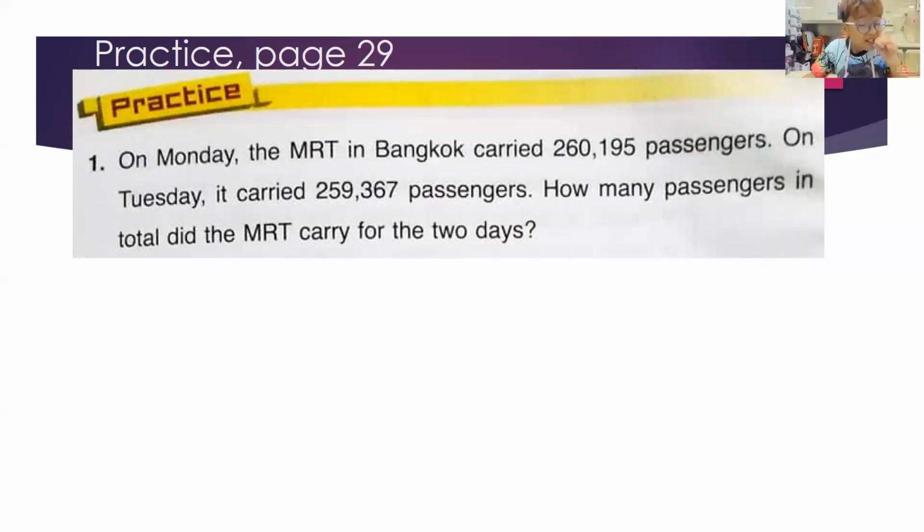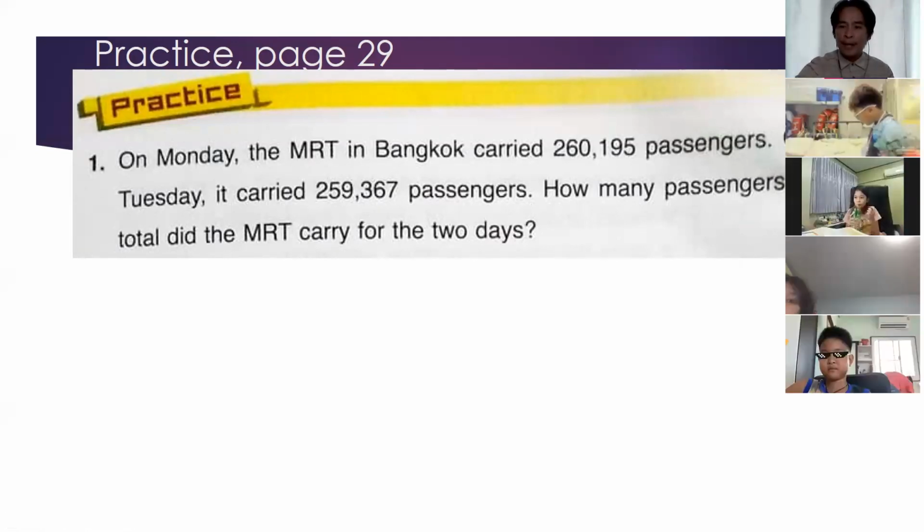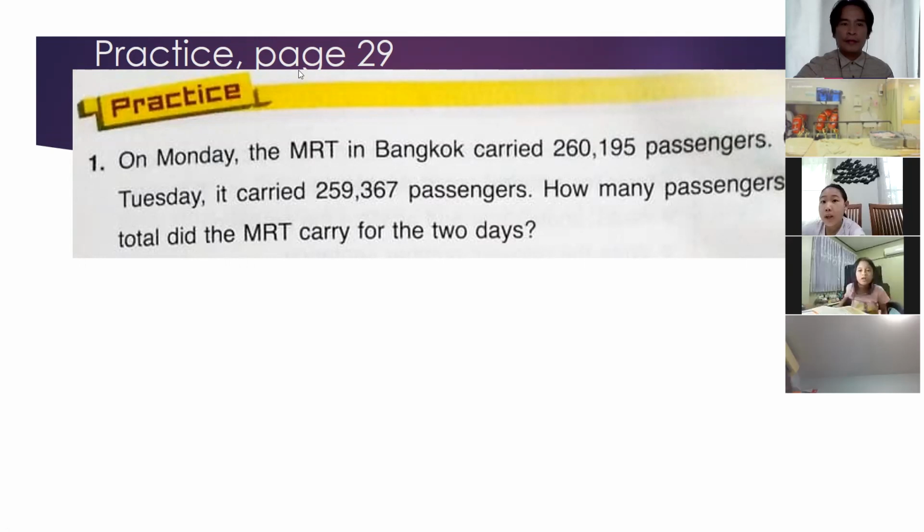Yes, you can go. This was read by M. Okay, so now I'm M. Where is M? Okay, going back to M. What should be our number sentence for number 1? On Monday, the MRT in Bangkok.